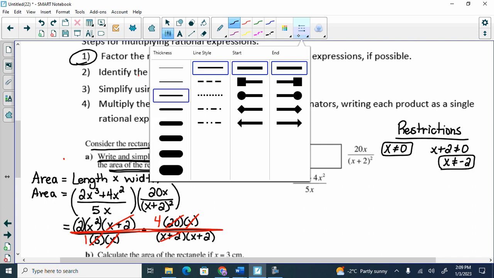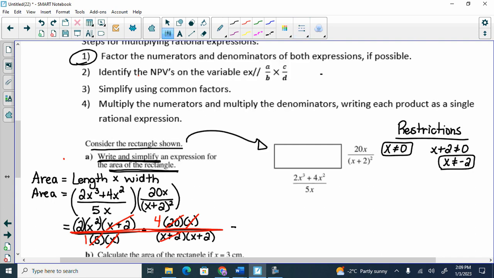So I'm going to get this equals, in the numerator I'm left with a 2, an x squared, and a 4. 2 times 4 is 8. X squared, not sure why I made the line so long. And then in the bottom left, 1, 1, and x plus 2. And behind it I can state x can't equal 0 or -2.